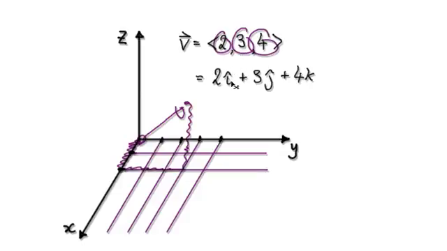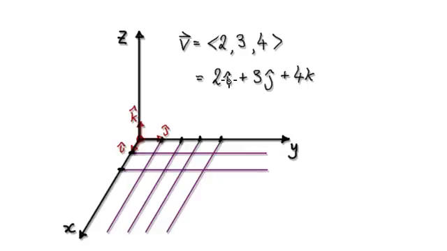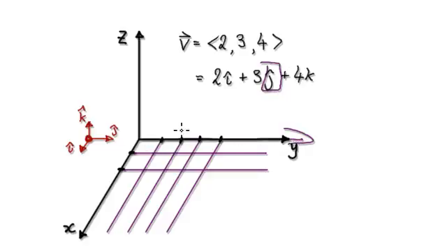You can imagine this i hat as being of length 1 in the x direction. And j hat is in the y direction, and it must be of length 1. And k hat would be in the z direction of length 1.